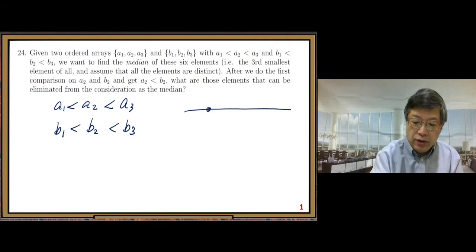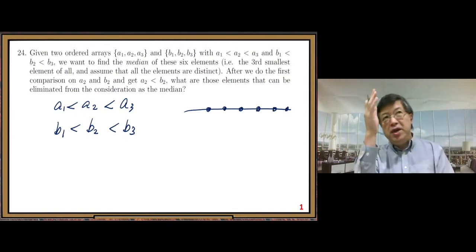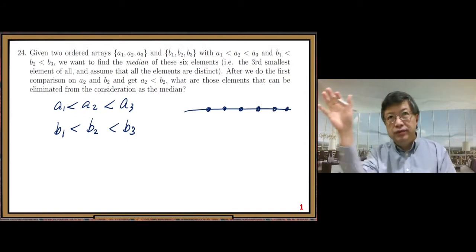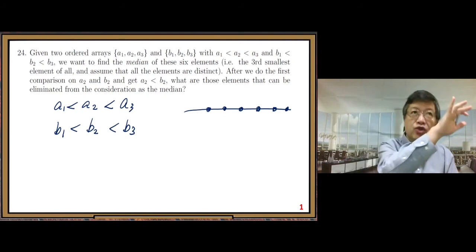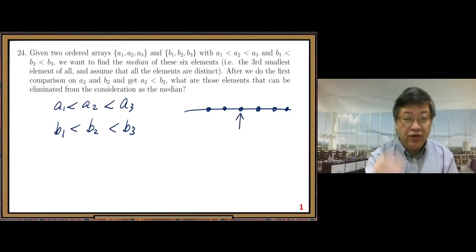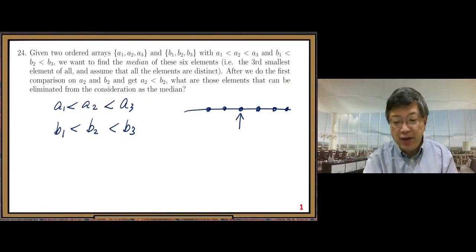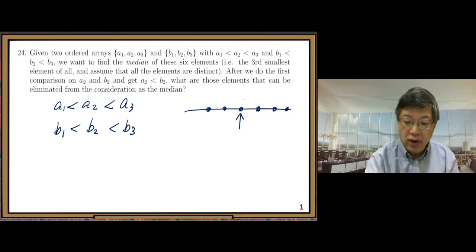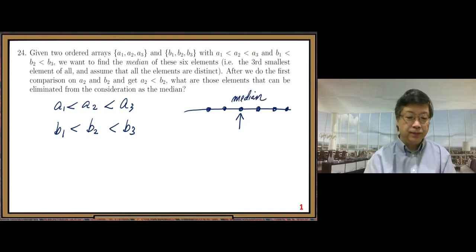So we have a total of 6 elements. What is the median of the 6-element array? If we sort them in ascending order, then the third one we call the left median, not the right median, not the fourth one. The third one is the median.